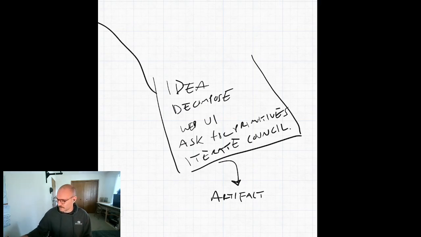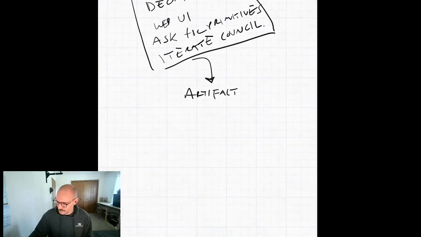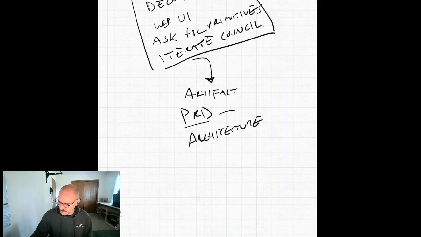You can call that artifact whatever you want. You can use project management terms or a product requirement document. You can use an architecture, a spec. I could be fundamentally wrong. I don't know how the industry uses these terms. This is how I see it.